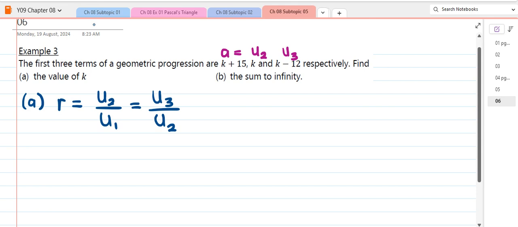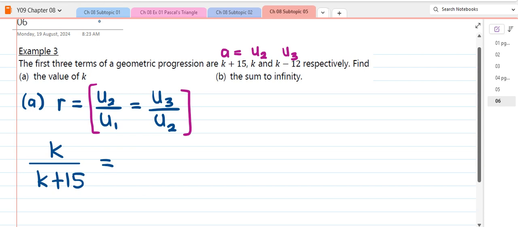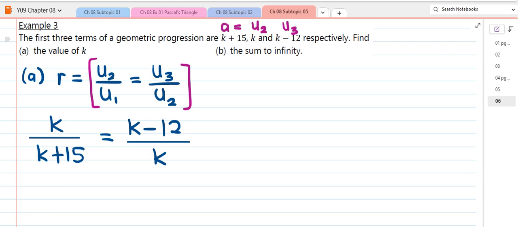So if we just focus on the terms, u2 is k over k plus 15 equals u3 divided by u2, which is k minus 12 over k. So this one seems doable, so let's have a look.